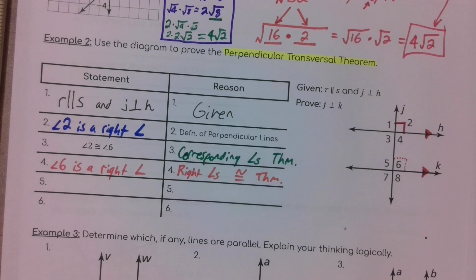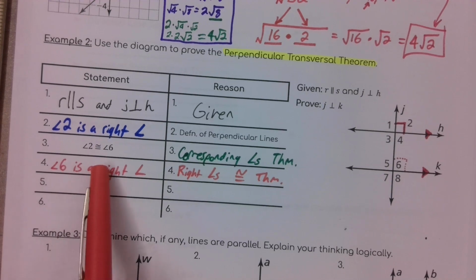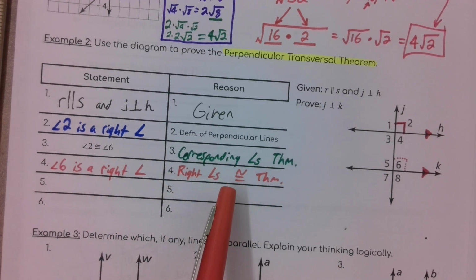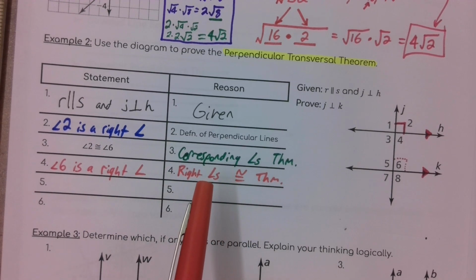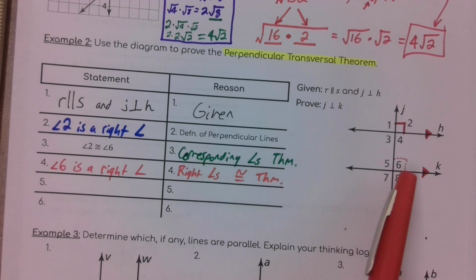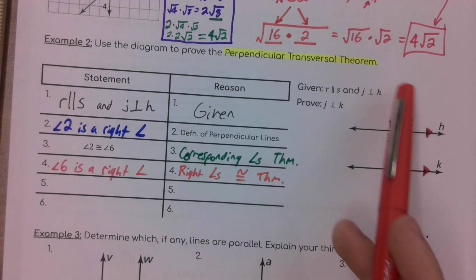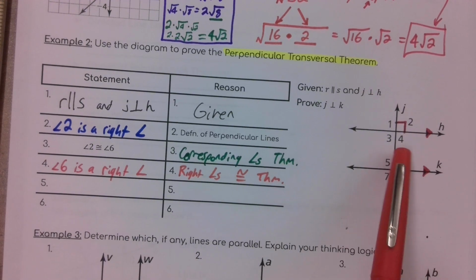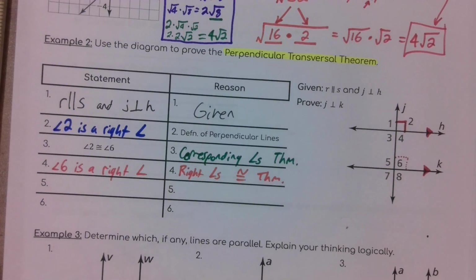Wait a second. How do we use this? If we know that 6 is a right angle due to the right angles congruence theorem, what does it mean? J and K intersect to form a right angle.